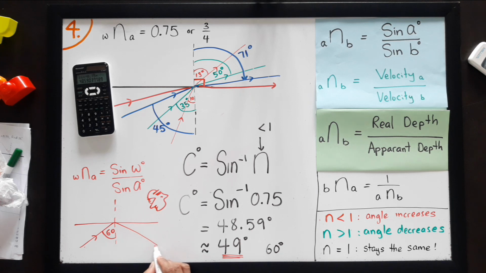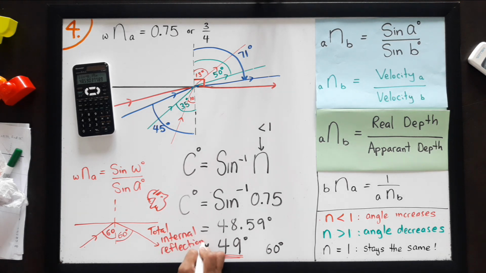And a mirror acts like this. If the incoming angle is 60 degrees, it will bounce back at exactly 60. So that means if here was 50 degrees, because 50 degrees was more than 49, it would have bounced back exactly at 50 degrees. You would have got total internal reflection.